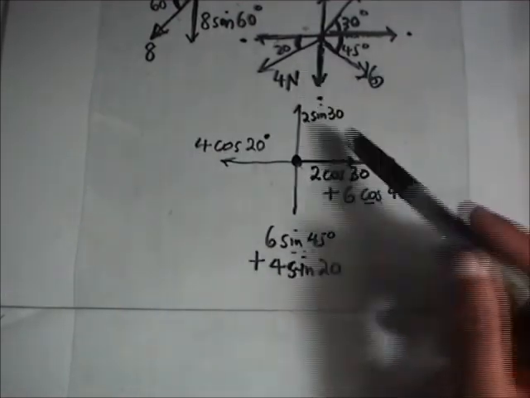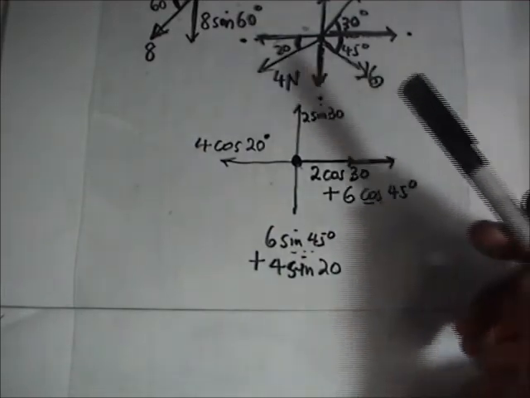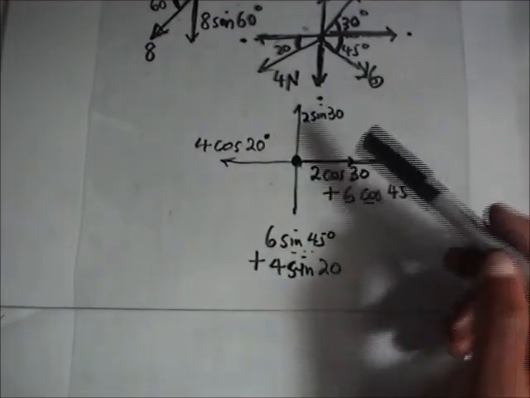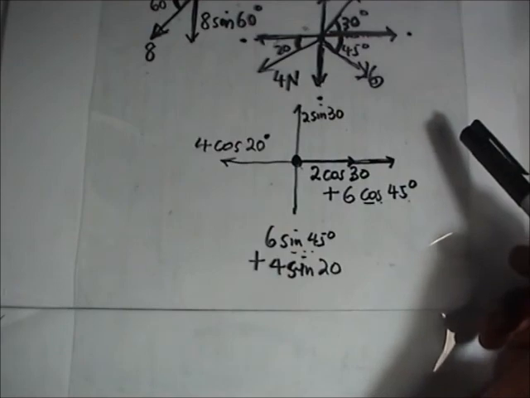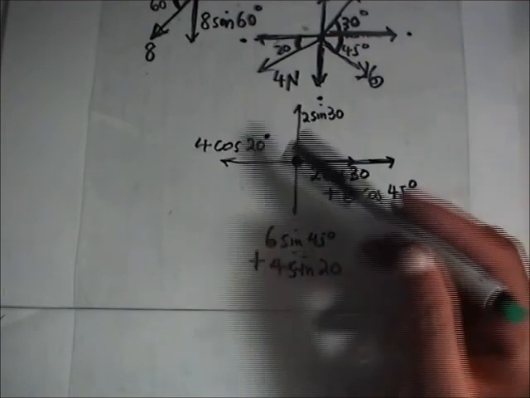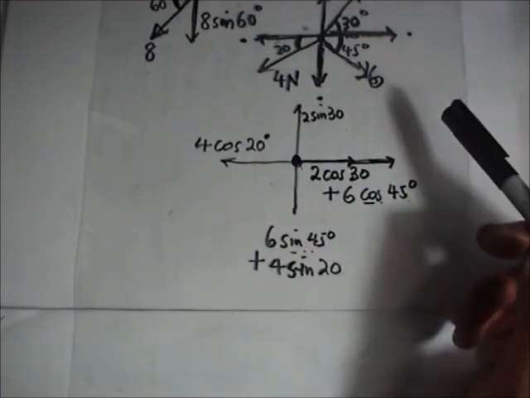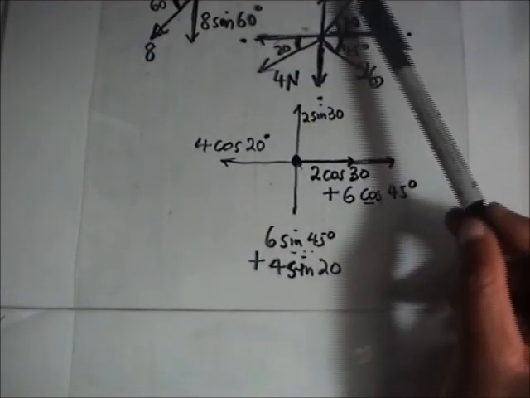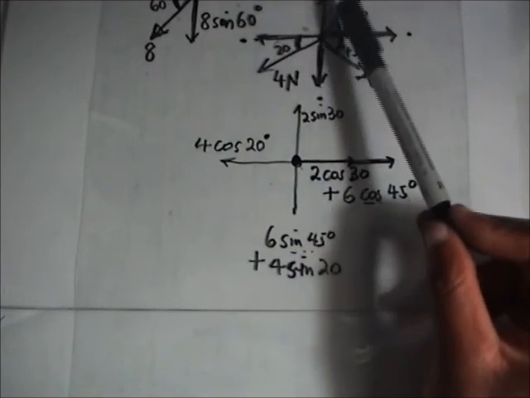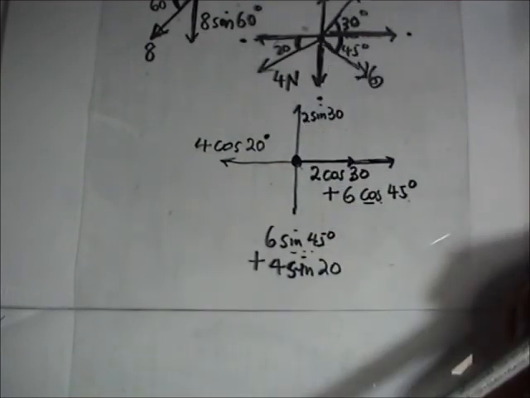Then you just solve for whatever you want to solve, let's say there was an F or an R or whatever. They should be in equilibrium. I don't think these forces are in equilibrium because I just thought of them off the top of my head, just to emphasize the point of breaking down forces into components.